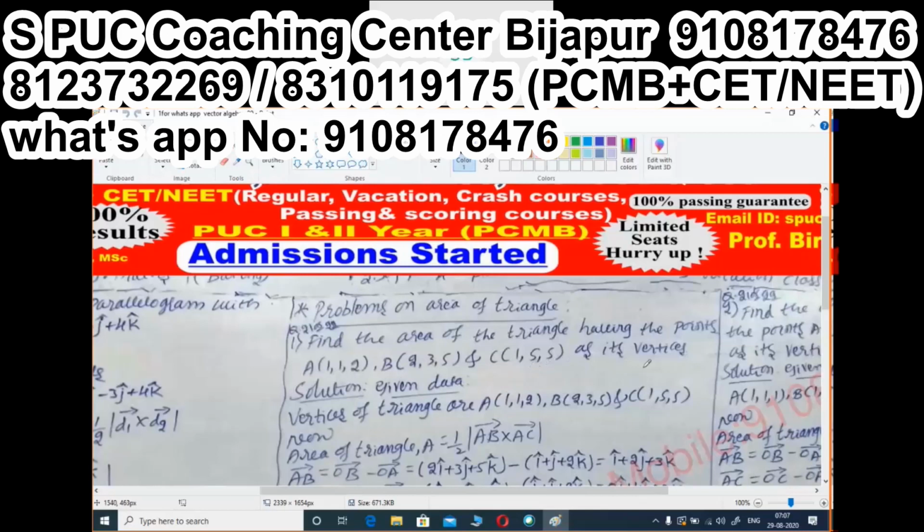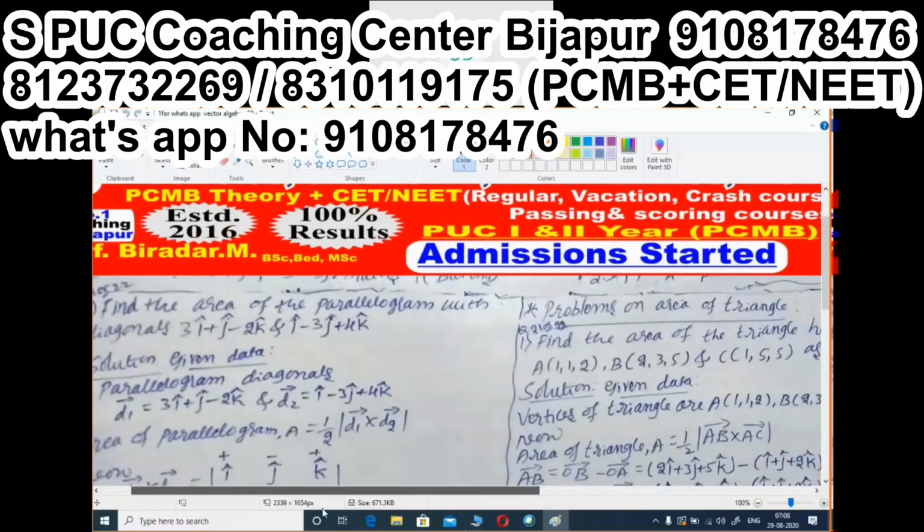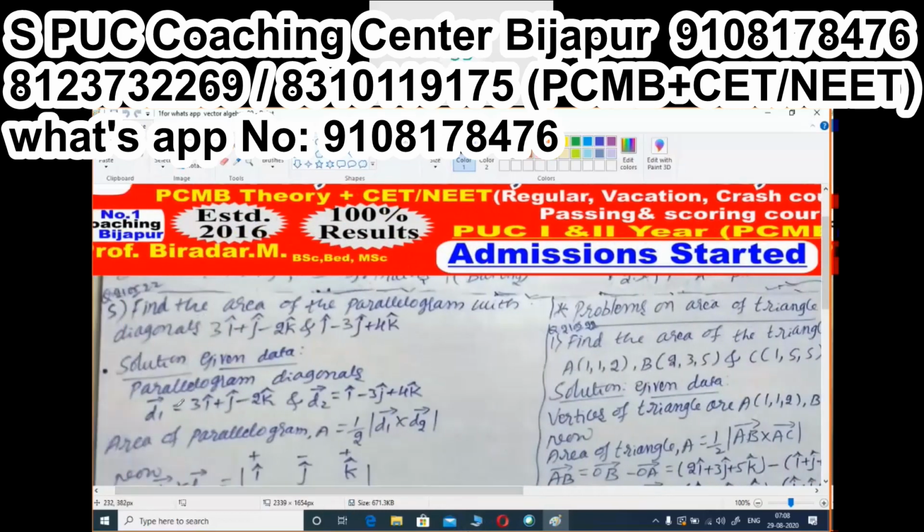As you already know, concerned to the triangle, there will be three vertices, that is 3 points. So area of the triangle, you have taken that formula: 1 by 2 AB vector cross AC vector. As you have done yesterday concerned to the area of the parallelogram, as diagonals were given, accordingly you took d1 vector and d2 vector.